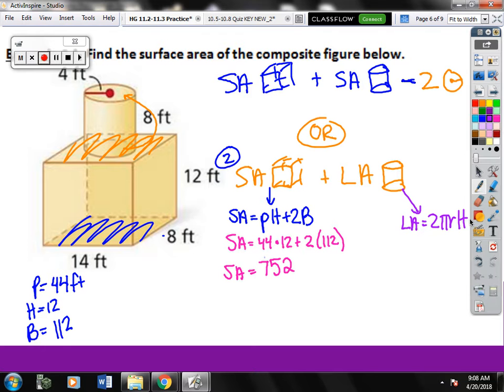So just plug in, we have 2 times pi, our radius is 4, and our height is 8. So 2 times 4 is 8, 8 times 8 is 64 pi. It does not tell us what to round to, so let's just leave it in terms of pi. Then we don't have to type in our calculator. So the final answer will be 752 plus 64 pi square feet.